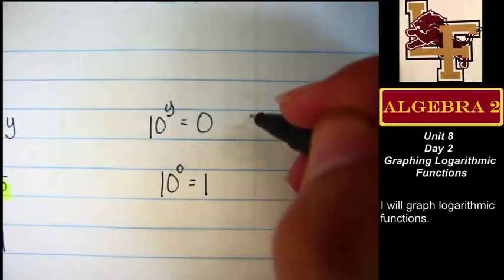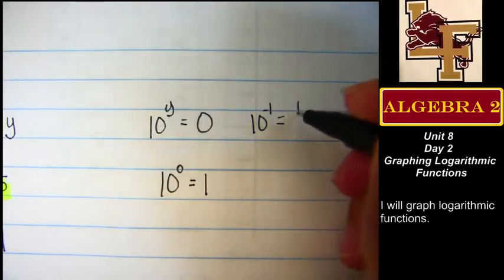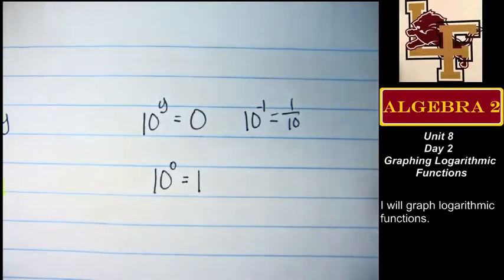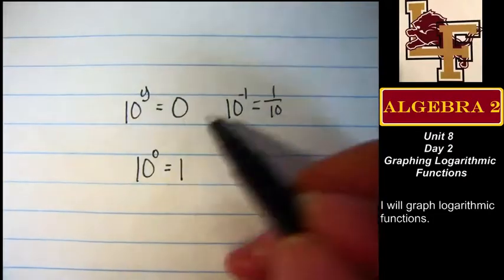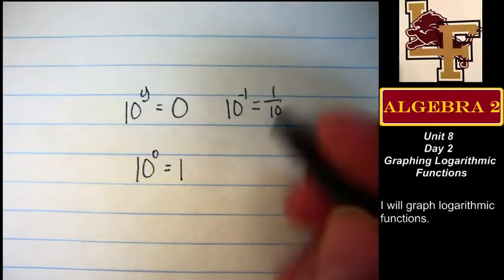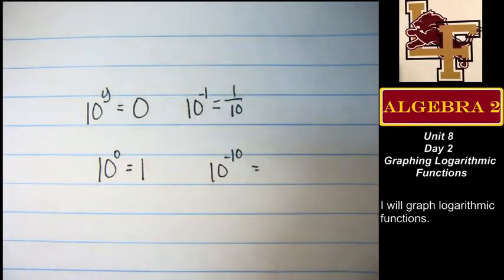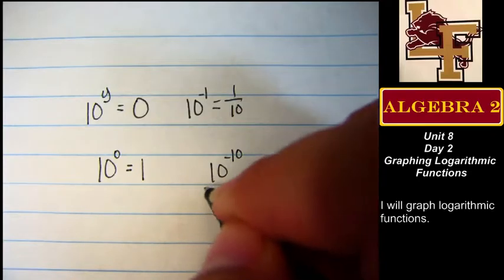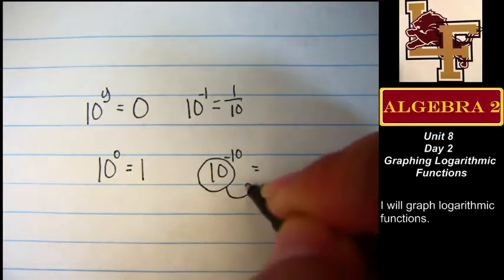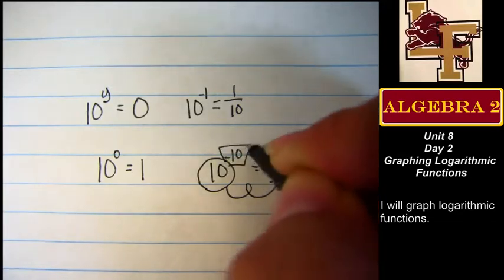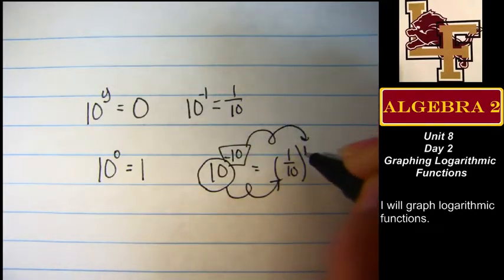I just discovered that 10 to the negative 1 is 1/10. What if I make this more negative? Negative 10. Remember how we handle negative exponents: take the base, write it as its reciprocal, and take the exponent, write it as a positive.